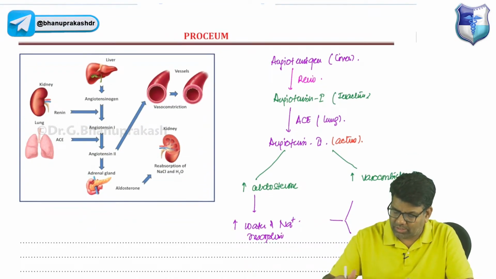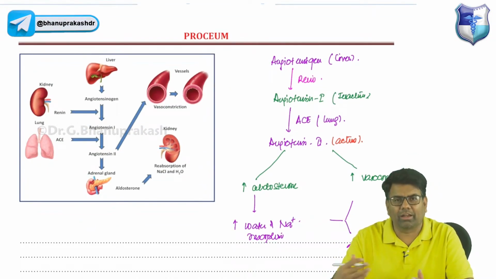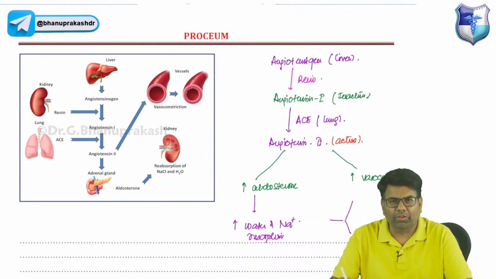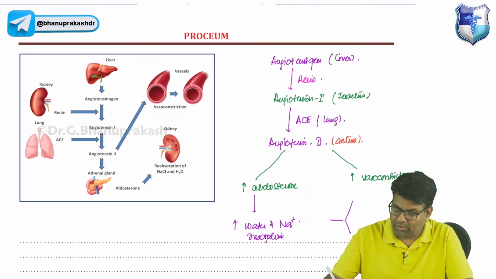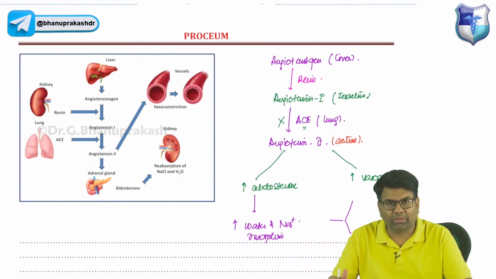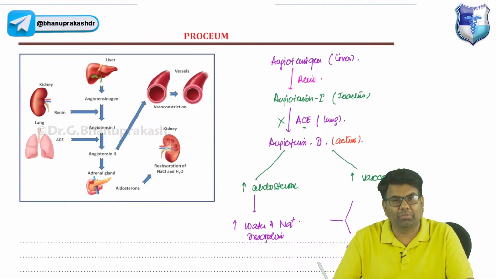Now, how can this concept be correlated clinically? Because we know that we use ACE inhibitors for treatment of hypertension. So if we use any drug which inhibits ACE, this will block this cycle, and there will not be an increase in blood pressure.